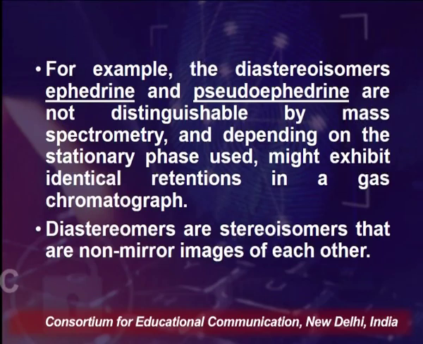They are not distinguishable by mass spectroscopy, and depending upon the stationary phase used, they might exhibit identical rotations in a gas chromatograph. Diastereomers are stereoisomers that are non-mirror images of each other. So, these are not identified using MS or GC, but IR is a very well versed technique where we can identify them.